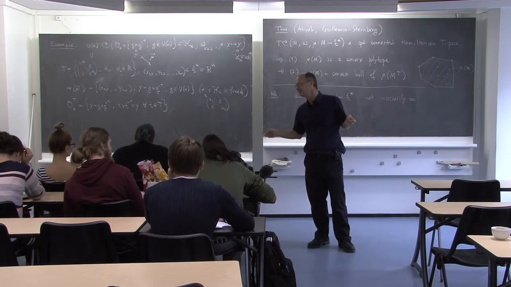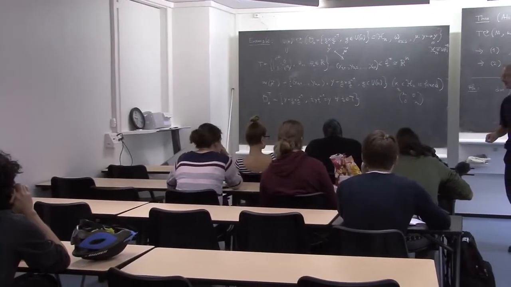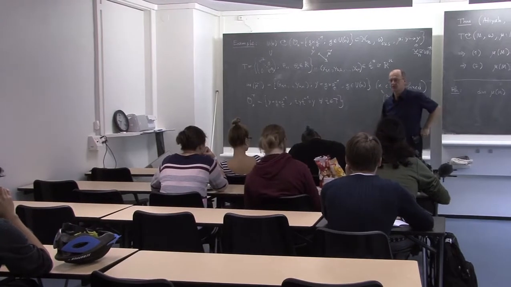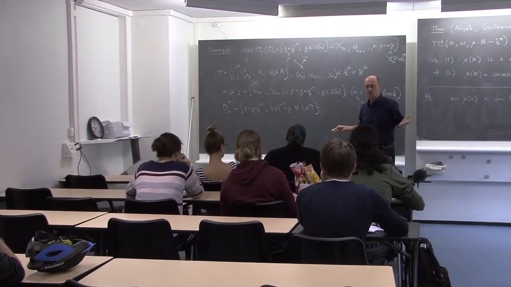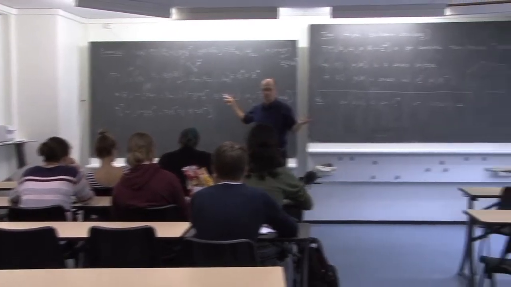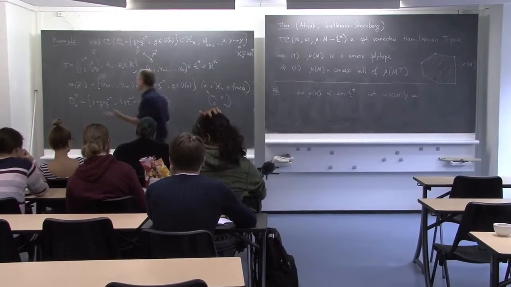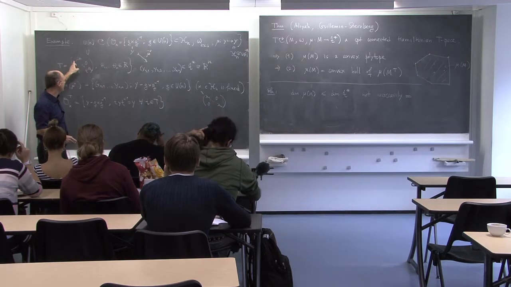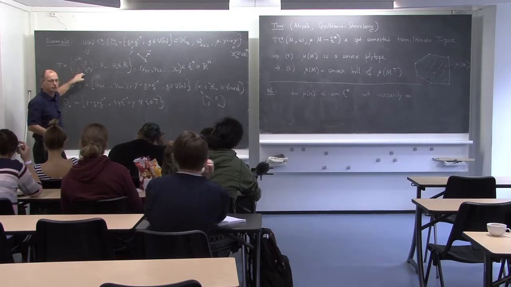Sorry? Yeah, say it. The diagonal matrices. Sure, absolutely. But can it have anything else? Suppose that your matrix has some off-diagonal entries. Then what's going to happen when you conjugate with such things? The diagonal entries don't change.